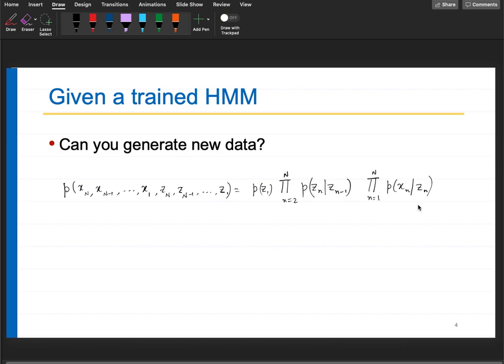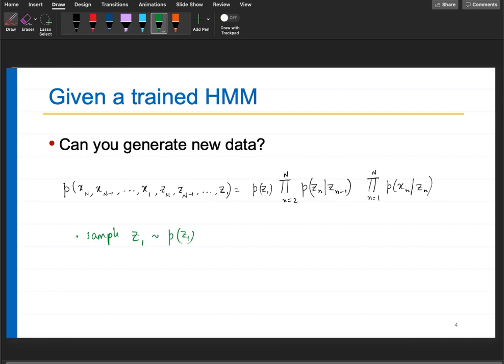I don't have any Zn. There is no notion of next. So we first randomly sample the initial state Z1, from the probability of Z1, which is pi of Z1.